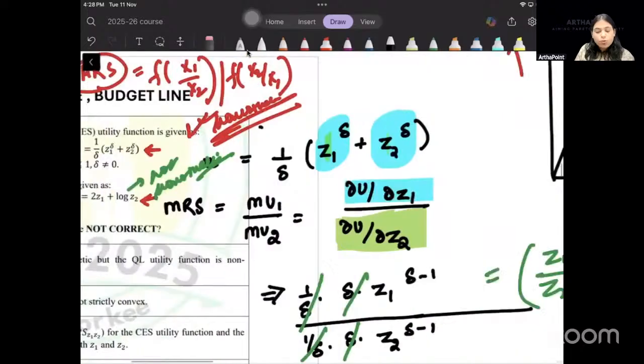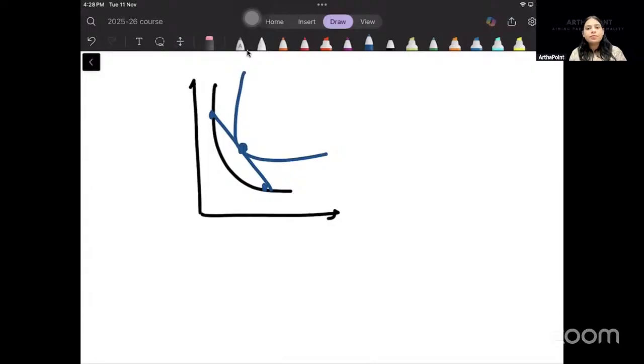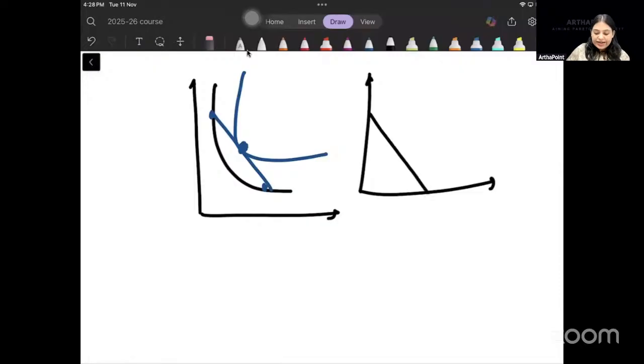Why? What was a strictly convex function? That if I take the average, the bundle will lie on a higher indifference curve. You join a line, put any dot on that line, it should be on a higher IC. But when it is a line, I take 2 points, I join them, and the point is also on the same IC.